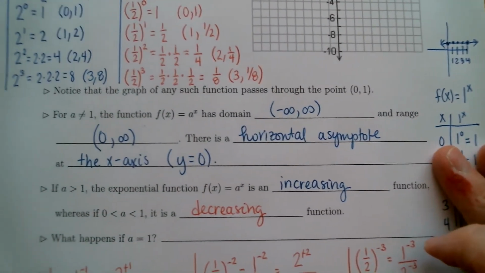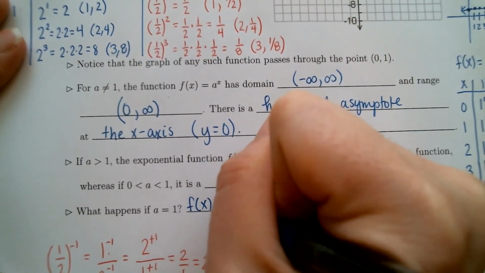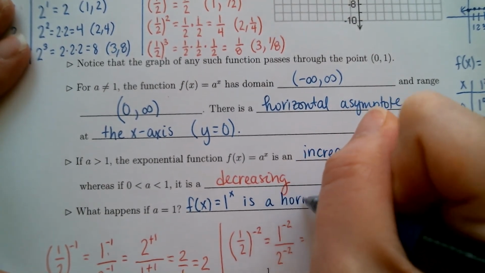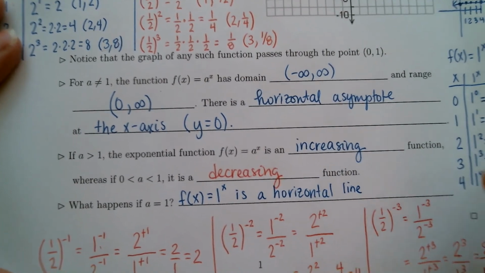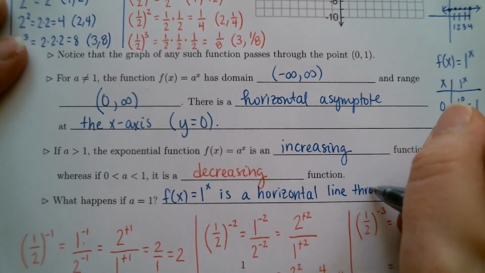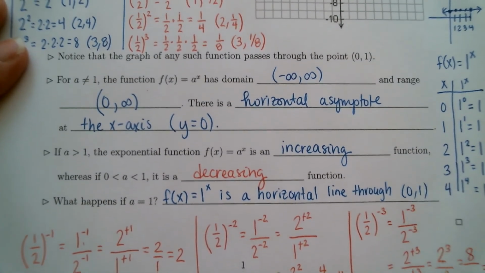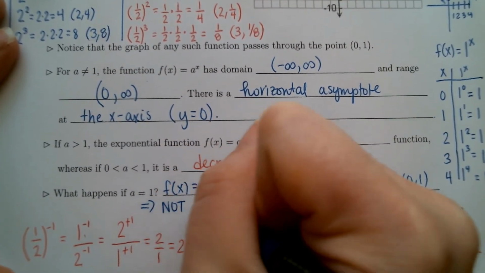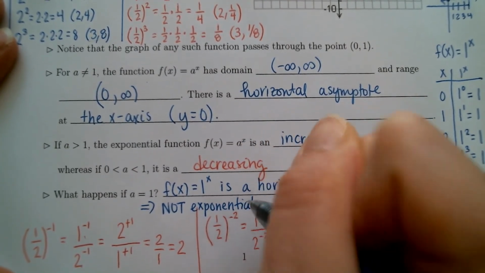So I'm going to write: the function 1 to the x is a horizontal line through 0, 1, and that is not exponential. So that's why you can't have a base equal to 1.